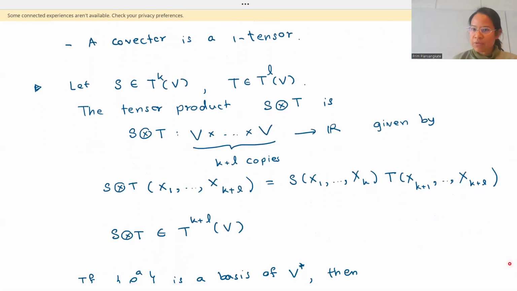Because S and T are multilinear, the tensor product is multilinear as well, so it is a covariant tensor too, of rank K plus L.